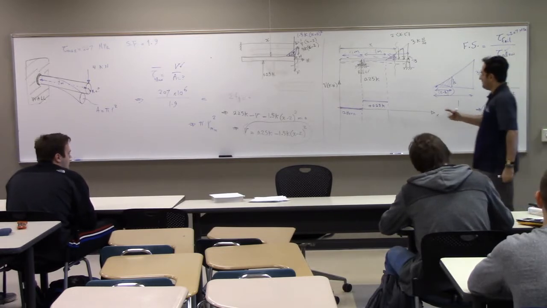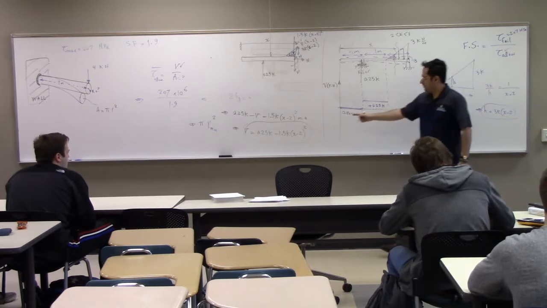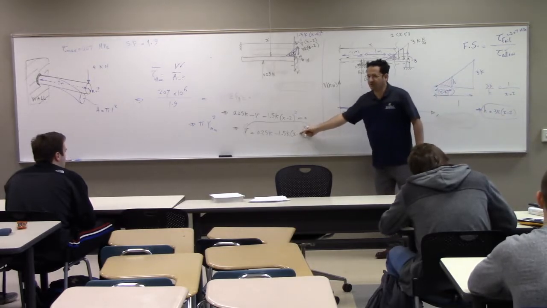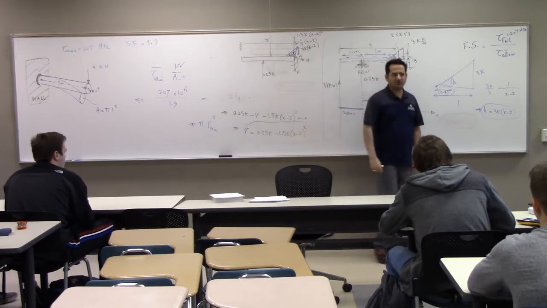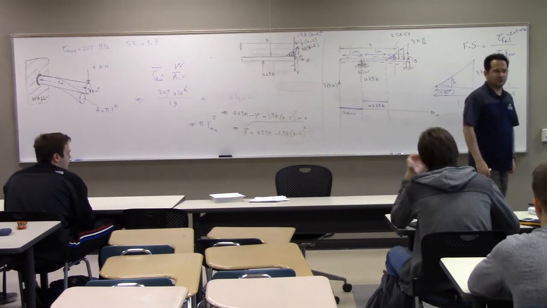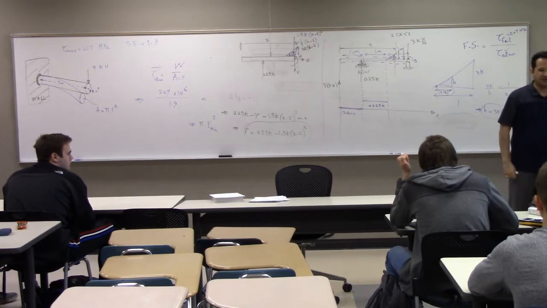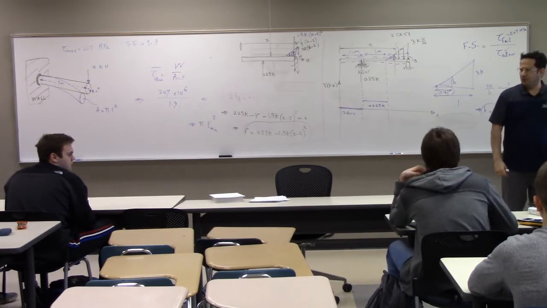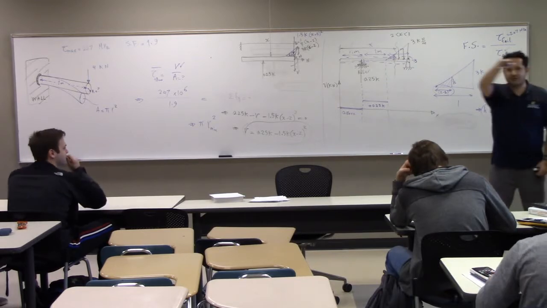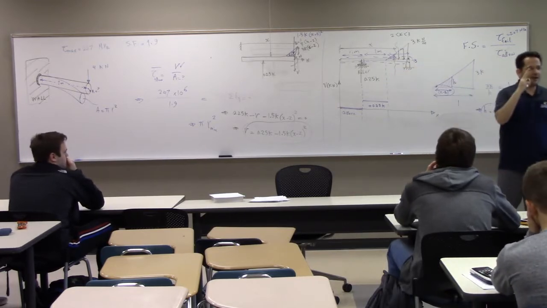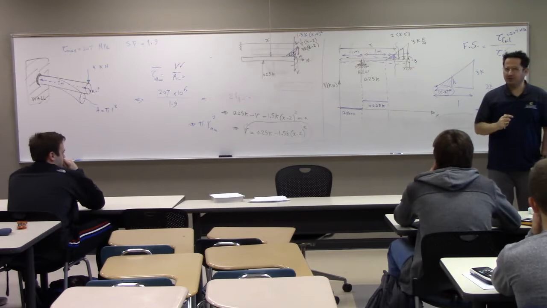So what happens here, for this parabolic curve, how many points do you need to draw it? If it was just a constant value, how many points? Just one point, because if you know one point, you just put the constant at that point. If that was a line, how many points?